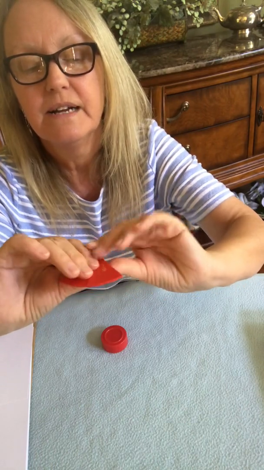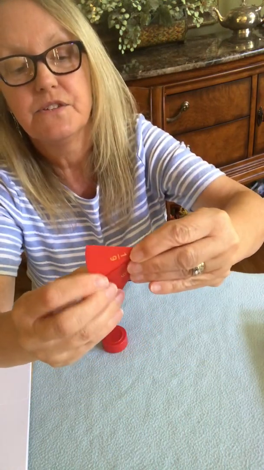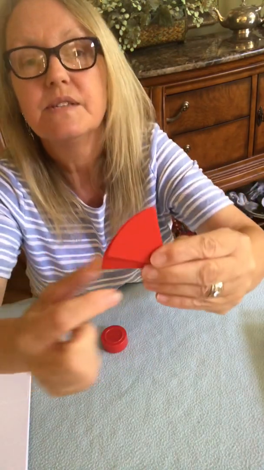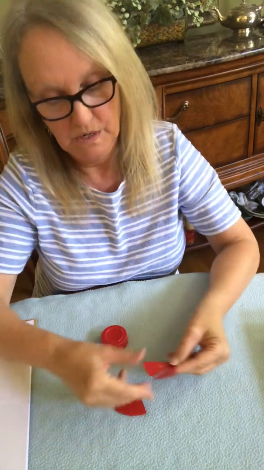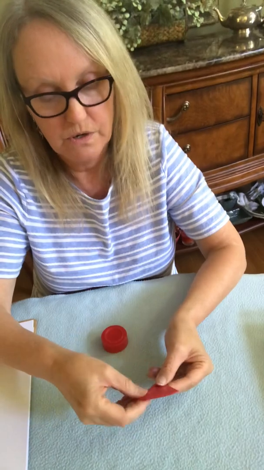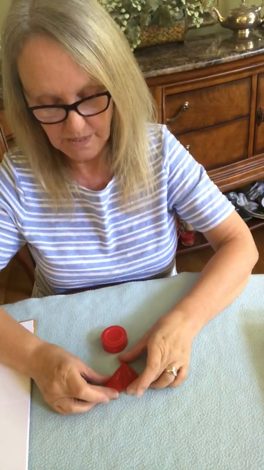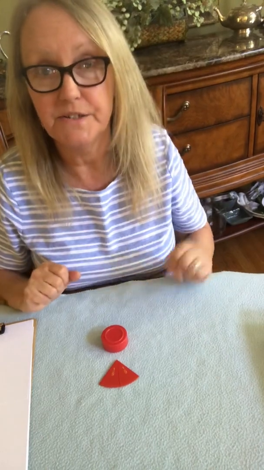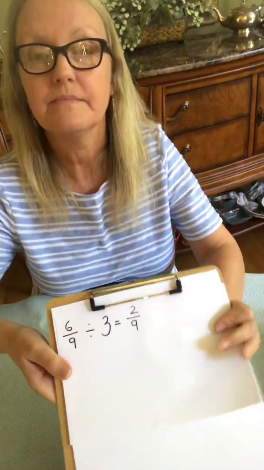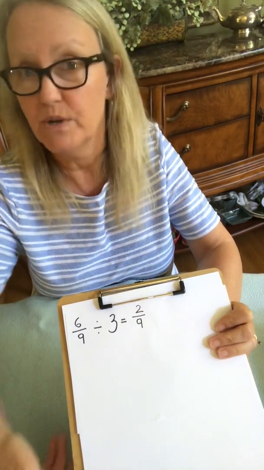It doesn't fit. There's a big space on the other side. They don't work. There's a big size difference. Do you think sevenths will work? No, that's even worse than the sixths. So we find there is no equivalence for 2/9. So that's our answer: 6/9 divided by 3 equaled 2/9, and there was no equivalence.